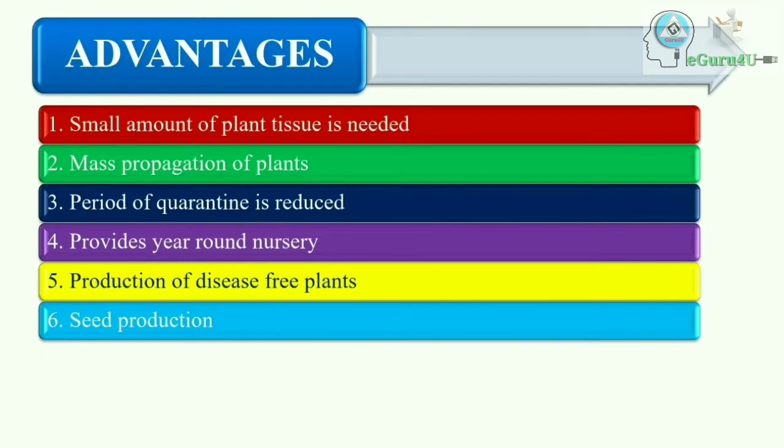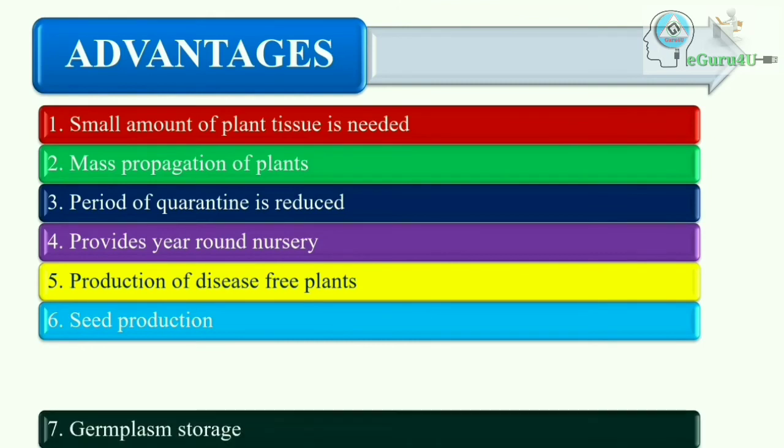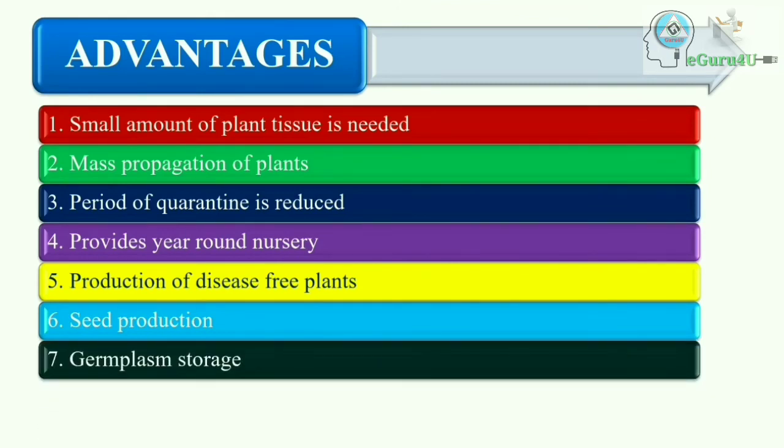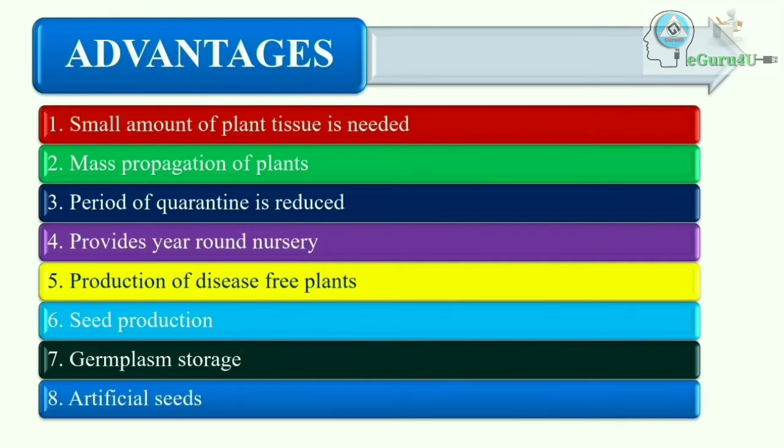This is also required to multiply plants which produce seeds in uneconomical amounts or when plants are sterile and do not produce viable seeds. 7. Germplasm storage. The germplasm stocks can be maintained for several years using this technique. 8. Artificial seeds. Through somatic embryogenesis, production of synthetic artificial seed is becoming popular nowadays.